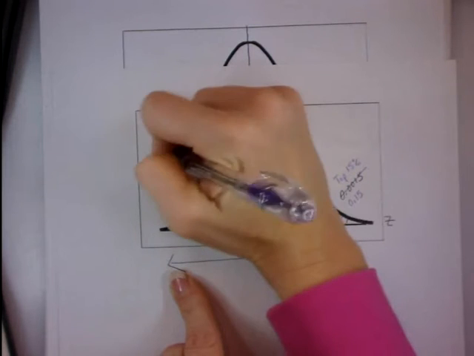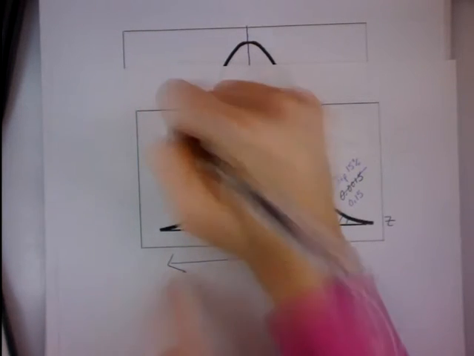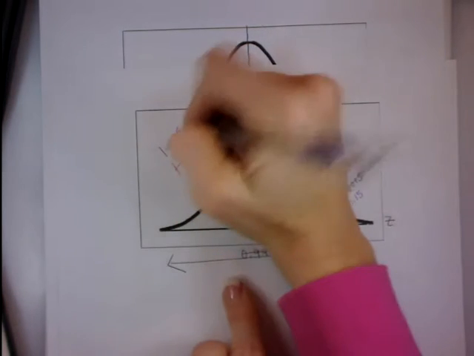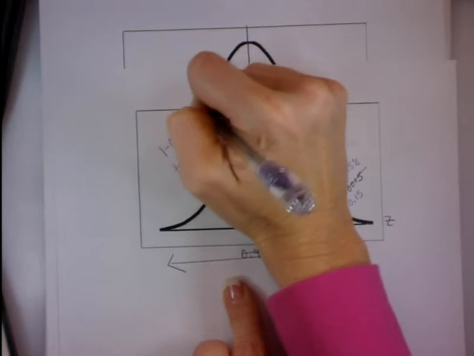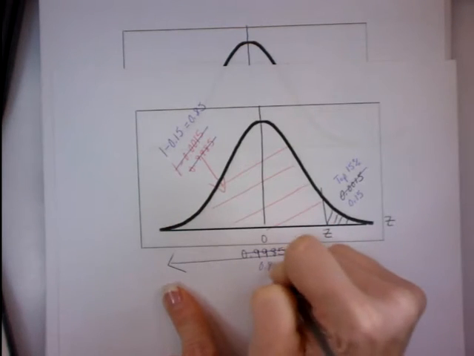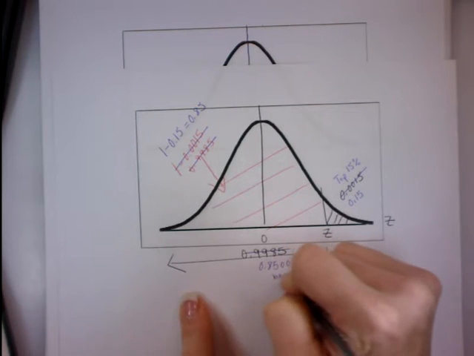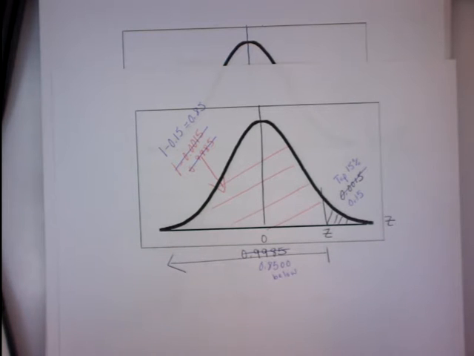So this is 1 minus 0.15, and that's 85% below it. So this is below or to the left of it. So if I have 15% above the unknown z or above the unknown x, then 85% is below it. I do apologize for that mistake.